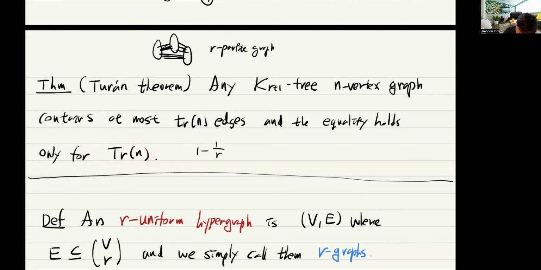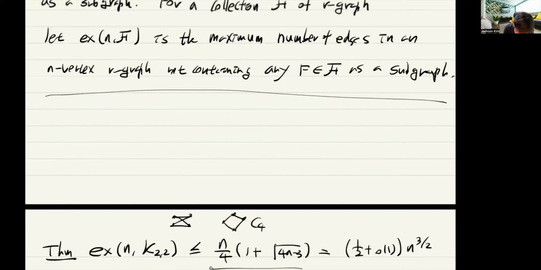So in particular, this gives us roughly this number of edges with a small additional term. We can actually compute this as this number. So if you want to aim for a more precise result here, this constant is important.